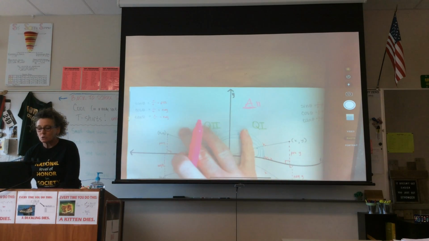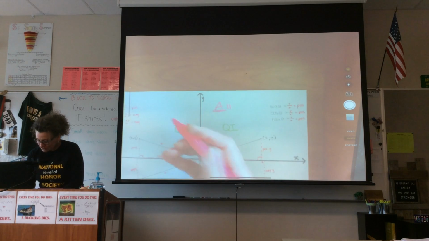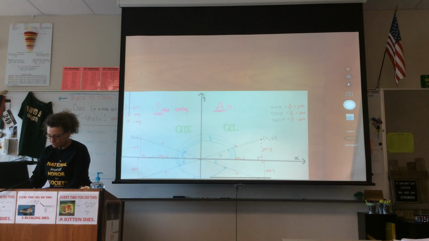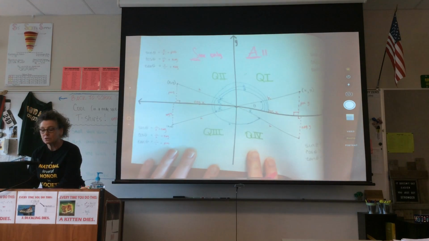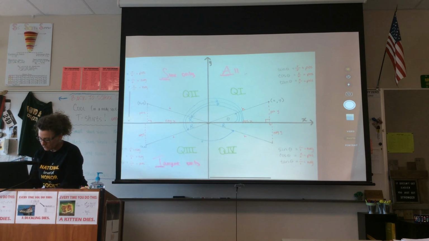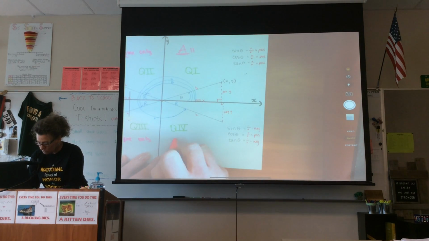Which ones are positive in quadrant 2? Just sine. Quadrant 3, focus on the positive. Tangent. Quadrant 4, cosine.